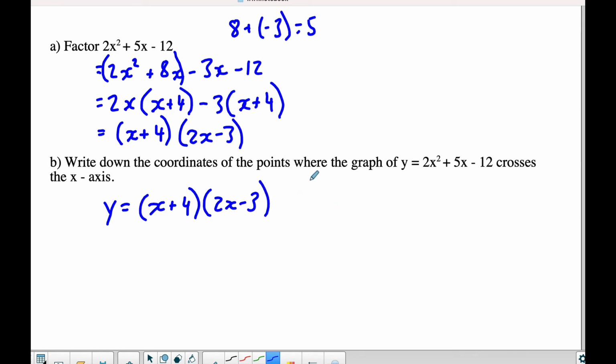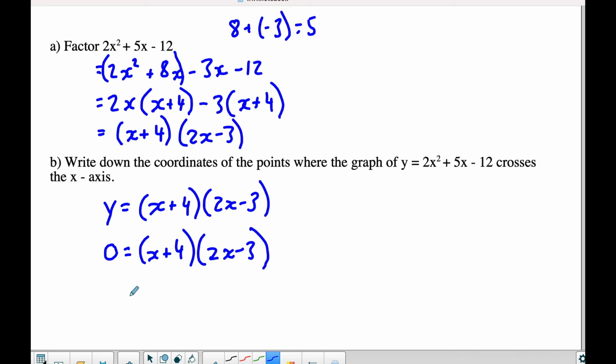And where this crosses the x-axis, y has to be equal to 0. And that's what we mean by finding the roots of this.